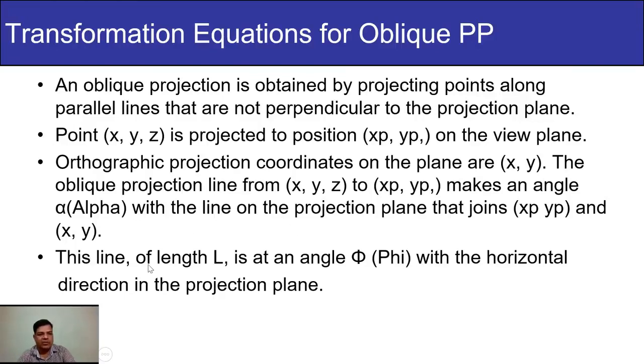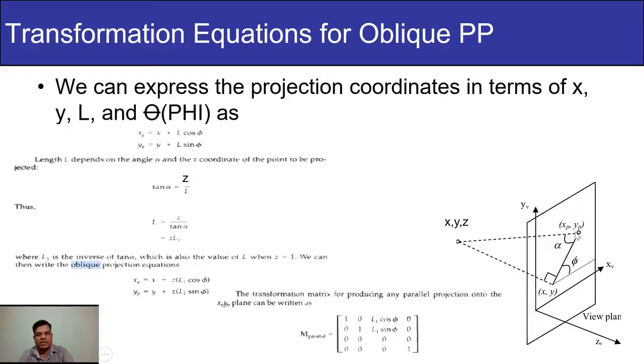Now this line of length L is at an angle phi with the horizontal direction in the projection plane. So normally you can see that this line is lying on the xy plane, and the length of this line is capital L, and this line is making an angle of phi with the x-axis.